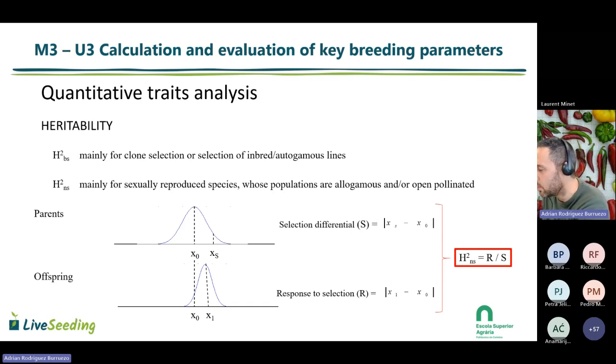You are selecting just the part on the right, which represents 5-10% of the original population, the 5-10% of the best individuals. And this subpopulation, this good population, has a mean of XS, corresponding to the selected population.